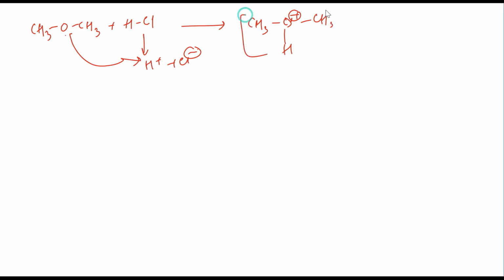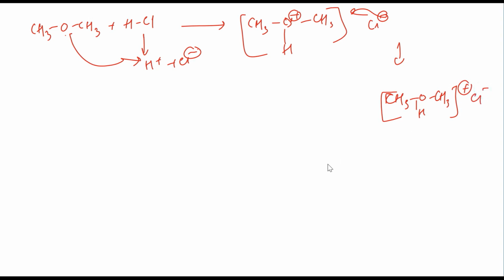Due to the presence of positive charge, the negative charge will be attracted to this complex, and there will be formation of CH3 OH CH3 plus Cl minus. The naming will be dimethyl oxonium chloride.